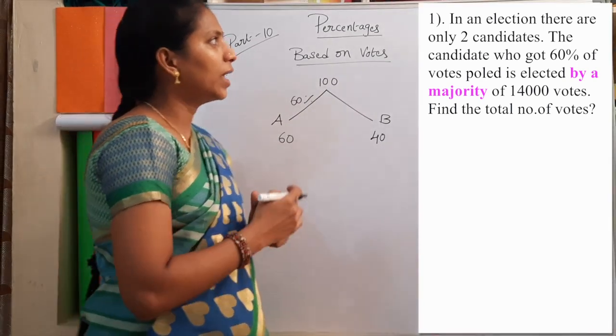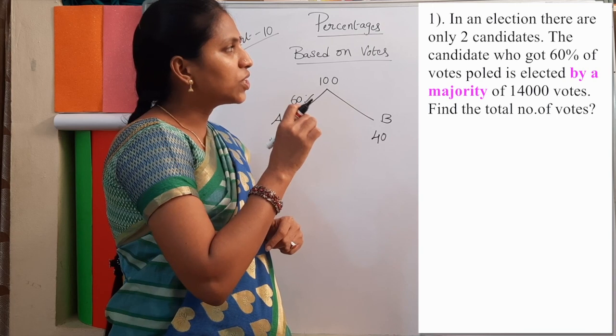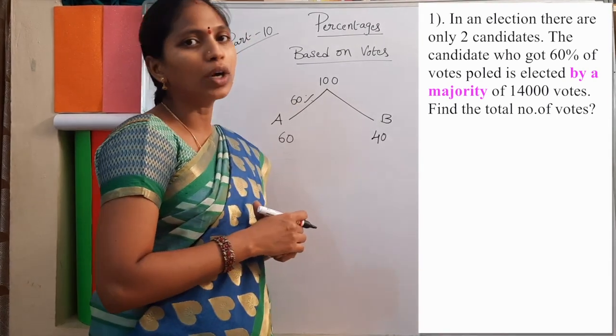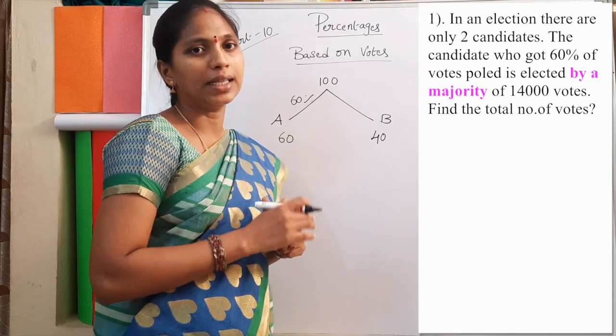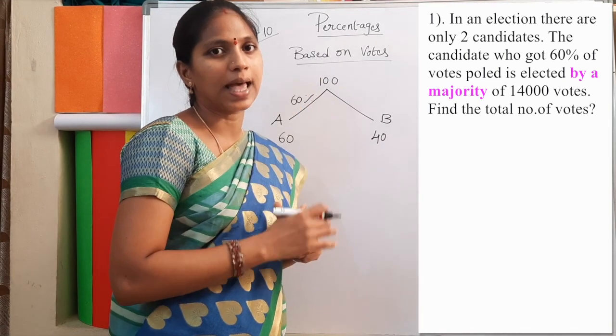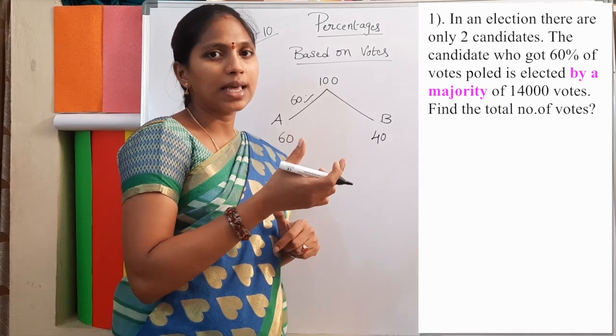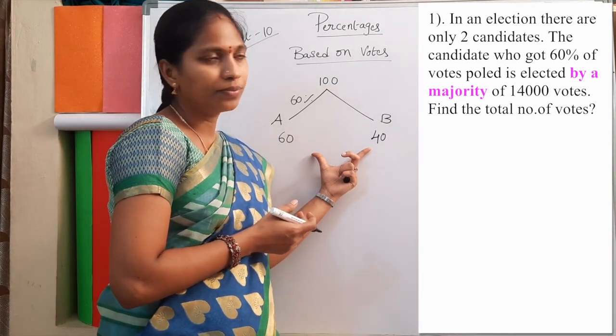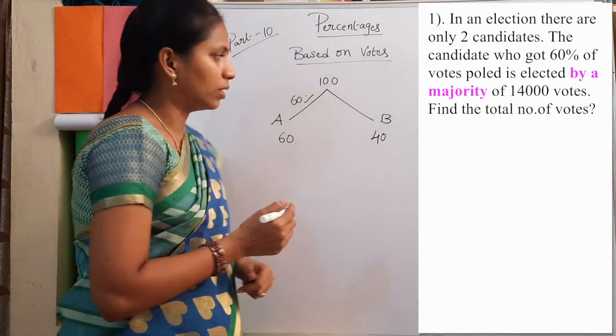Next one is: 60% of votes polled is elected by a majority of 14,000 votes. By a majority, this is a very important word in this example. By a majority means the difference between these two candidates, that is 14,000.